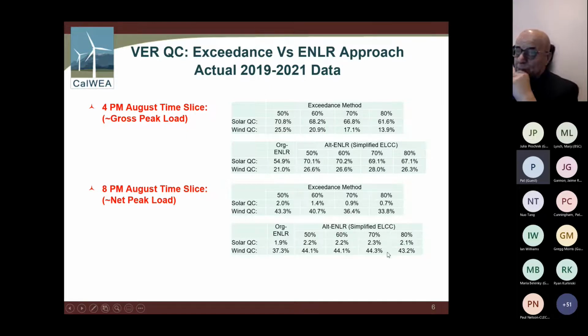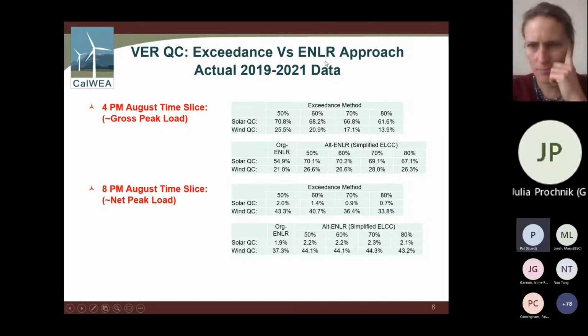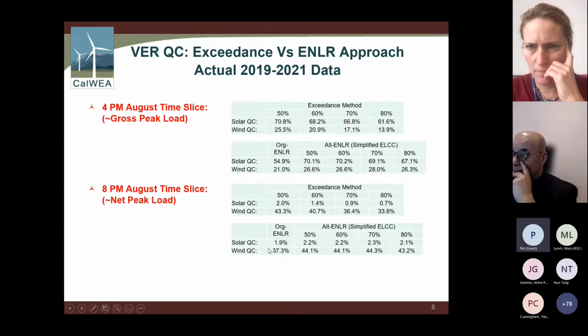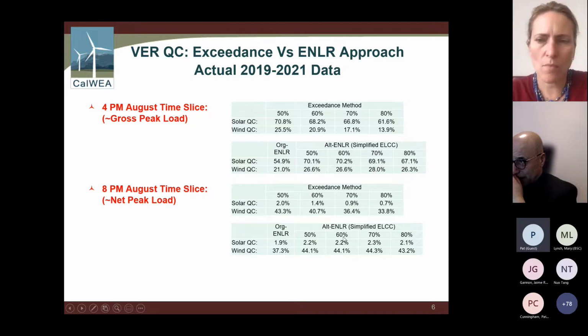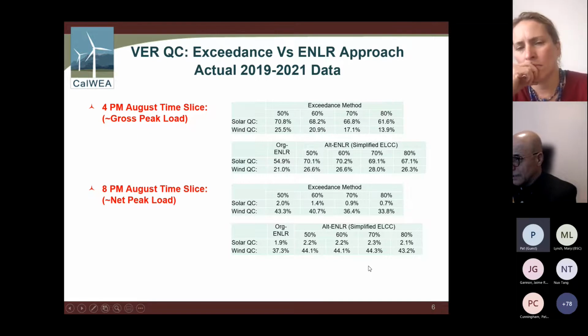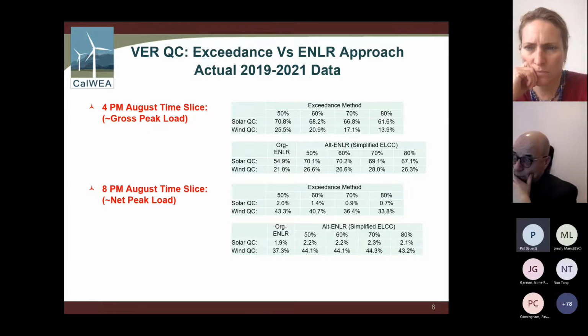So this is it. We wanted to bring to attention that the effective load, net load reduction approach can have a different implementation, which has the advantage of better correlating generation with load needs.